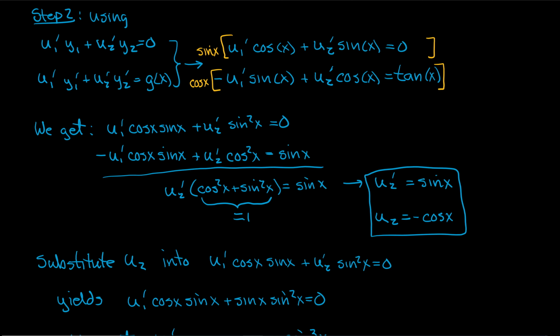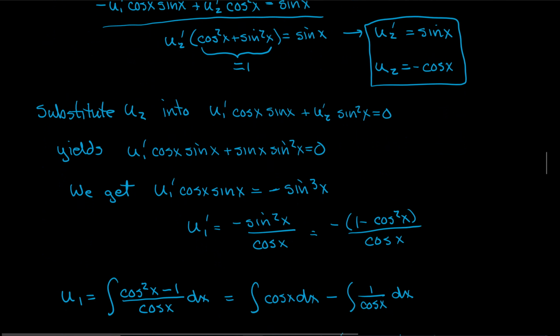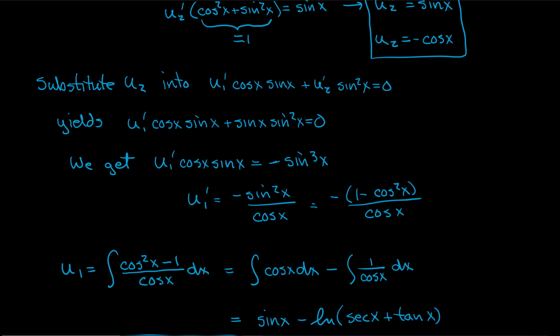If we take u2 prime and substitute it into either of the equations, I'm going to substitute it into the first equation. Okay, and that's going to give me the next line down.